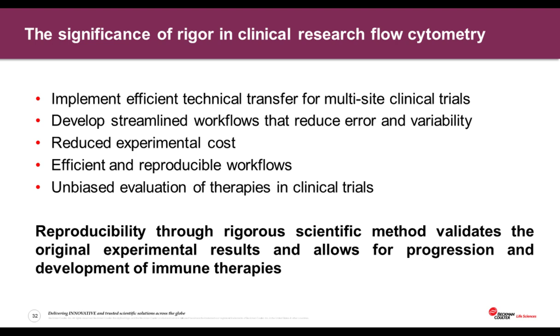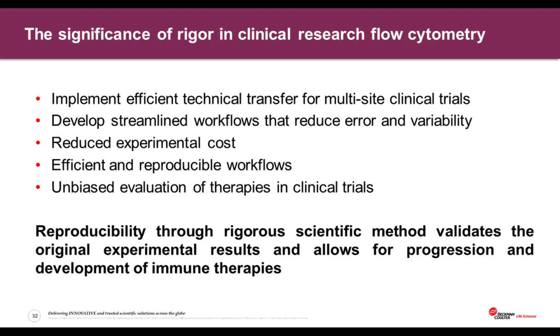What we want to do ultimately is reduce the experimental costs. These trials cost a lot of money, and we want to reduce this cost so that we can expedite the process. The rigor in clinical trials is going to allow us to generate efficient and reproducible workflows.